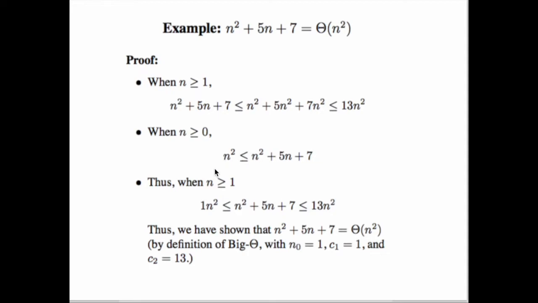For the lower bound, medyo mas simple siya because n squared plus something else is always greater than or equal to n squared for n greater than or equal to 0. So in this theta example, we identified n sub 0 equal to 1 because siya yung common na lower bound for the two inequalities. And we have c1 equal to 1 and c2 equal to 13 for the upper bound.